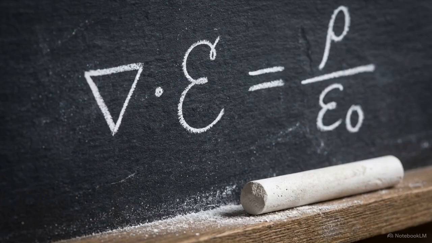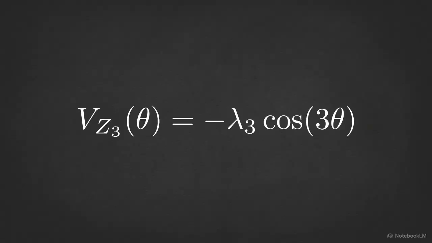We will now translate the geometric rule of Z3 invariance into a functional mathematical equation. This is the simplest non-trivial harmonic potential that satisfies the Z3 constraint. The coefficient lambda sub 3 represents a positive value in this formulation. The central component is the input of the cosine function, the factor of 3 theta.